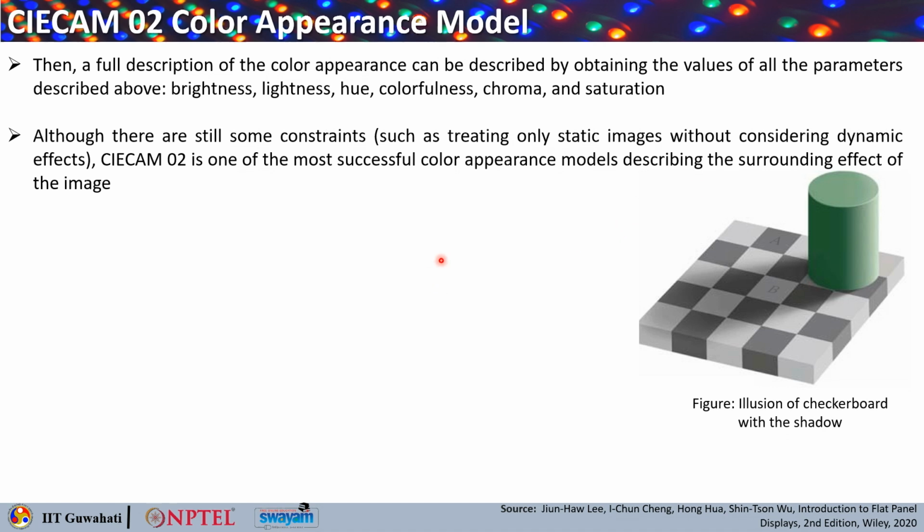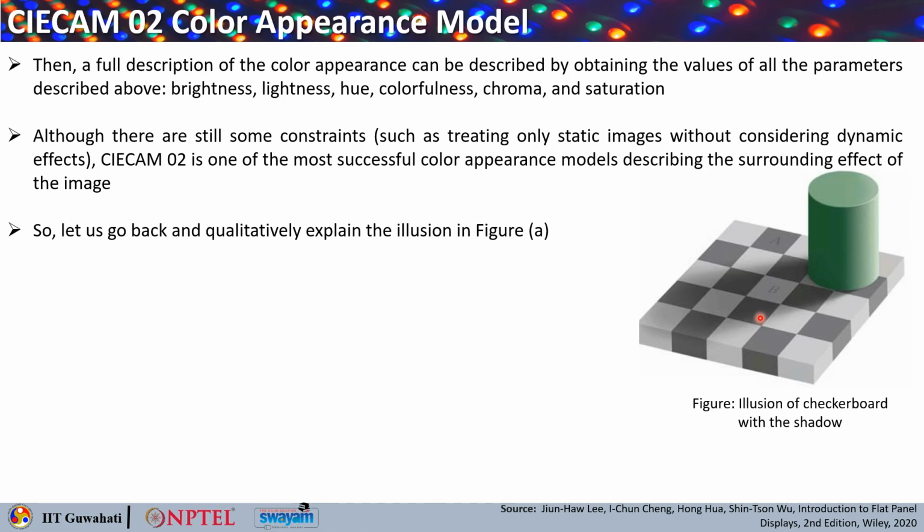Okay. Although there are still some constraints, such as treating only static images without considering the dynamic effects. Despite all these things, the CIE CAM02 model is one of the most successful color appearance models describing the surrounding effect of the image.